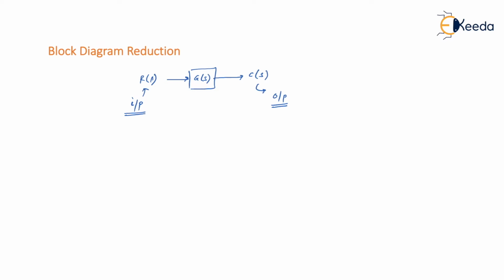To be very precise, R(S) is called the reference input, C(S) is known as the controlled output, and G(S) is nothing but a transfer function.